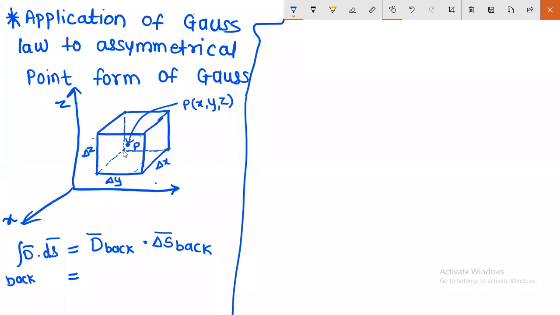Which is the perpendicular vector? The x-axis. Yes, x is your perpendicular vector. But what is the unit vector? A bar x. Is this A bar x positive or negative? Positive. Why positive?